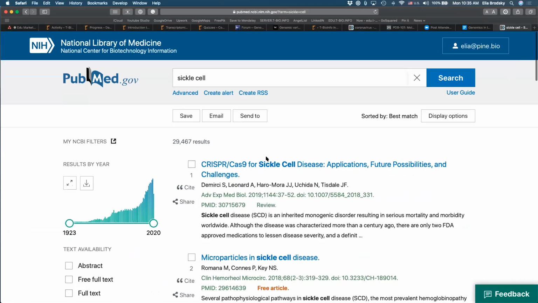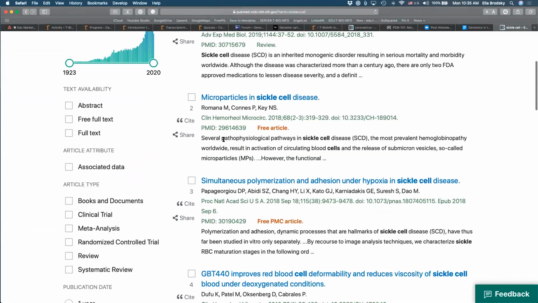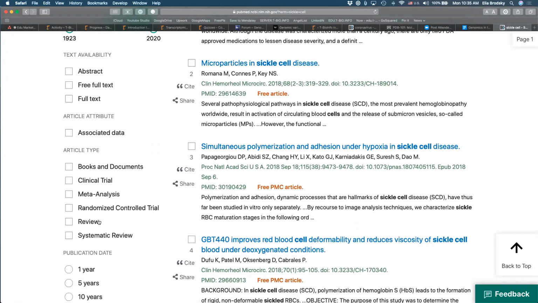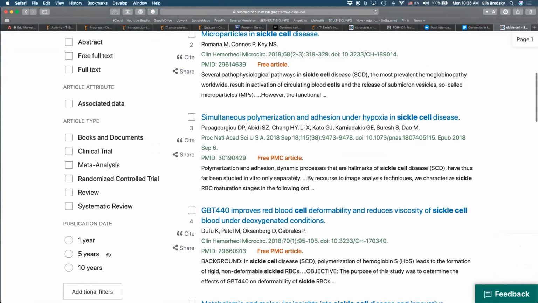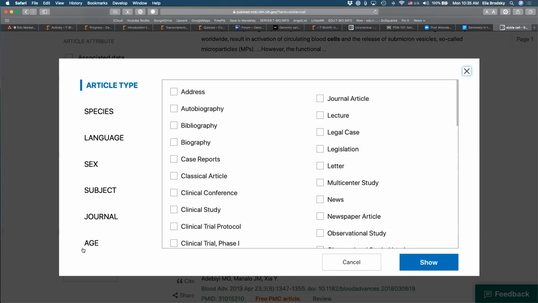So you can see here the specific papers, and you can also organize those into different types of articles or specific publication dates, or look at additional filters that they have. For example, you can look at clinical studies or clinical trials if you're interested in clinical applications.